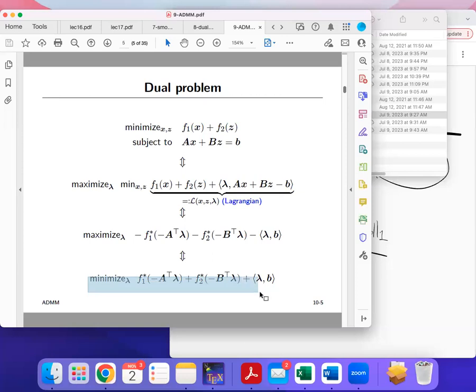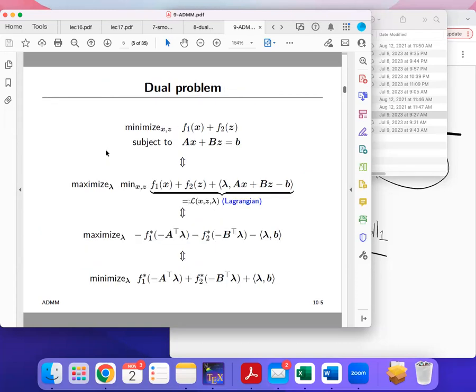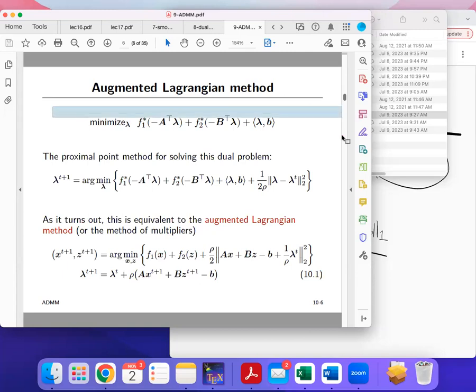So essentially, this is the dual problem. And for this dual problem, we can apply the proximal point method to solve it in principle.